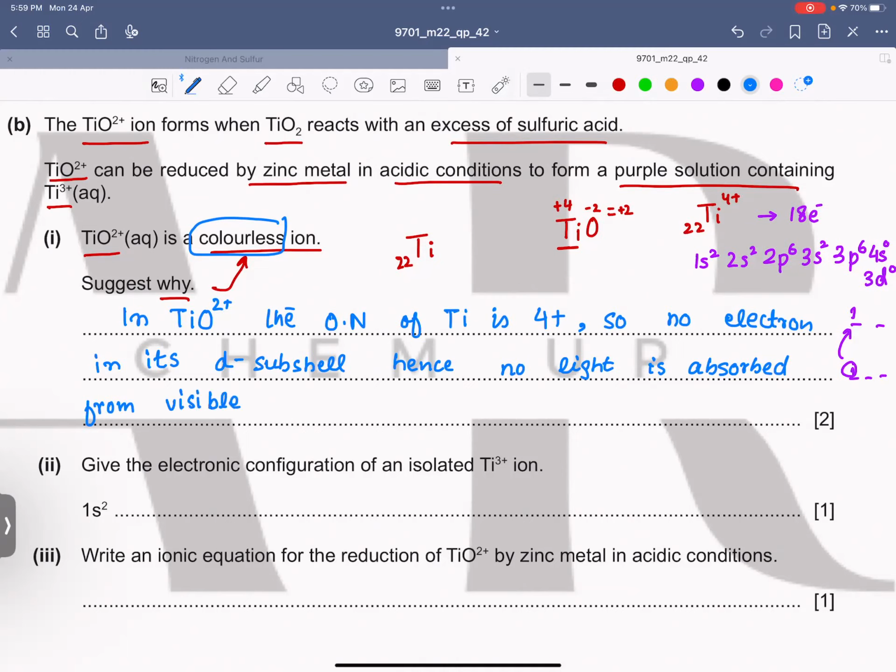So if it doesn't absorb any light, it is not going to show any color. Is this clear to everyone?